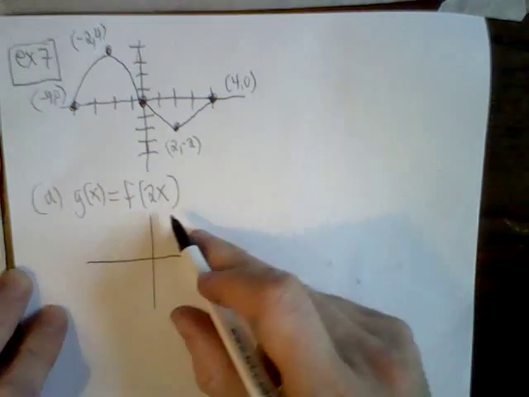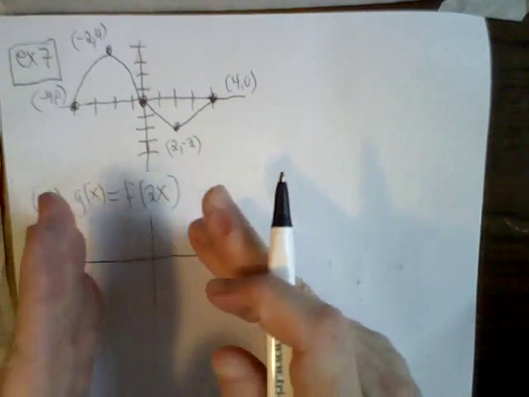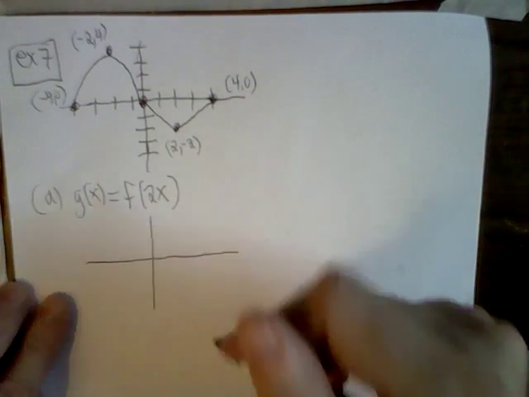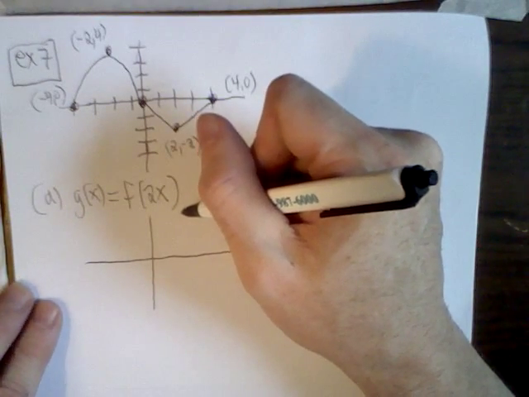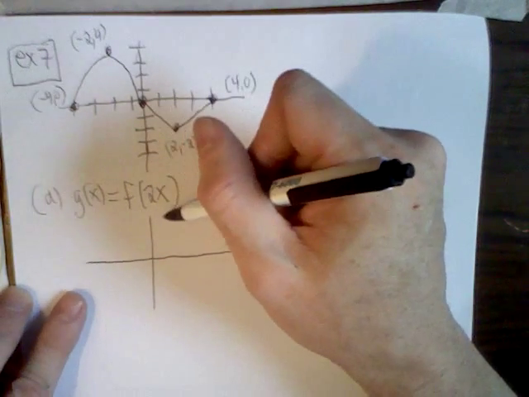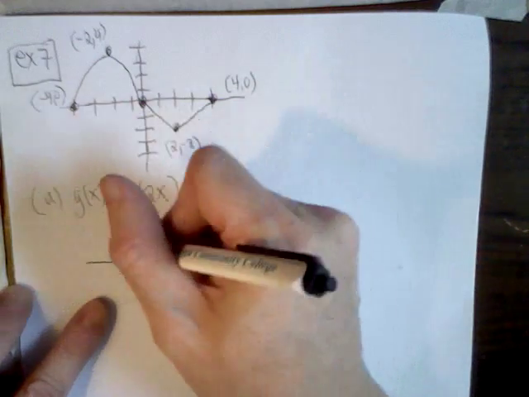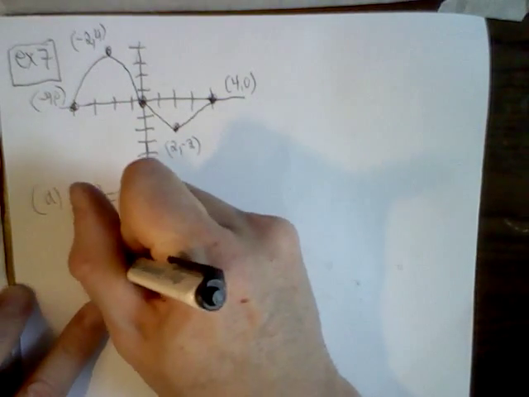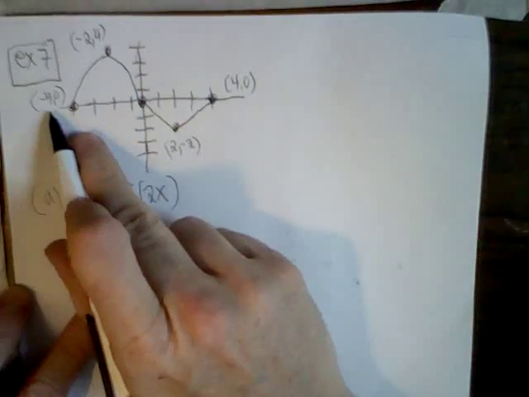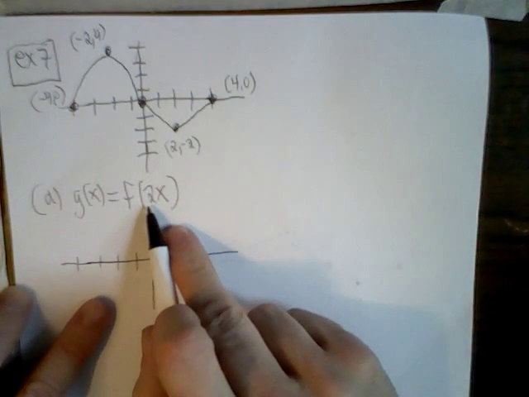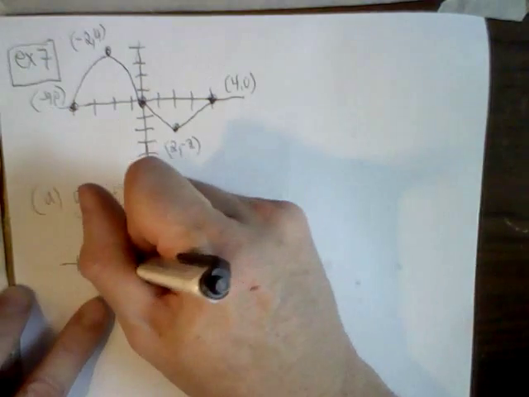So what is that going to do? That's going to smush it by a factor of 1/2. So you're basically manipulating the x coordinates in these cases, and so it'll go from negative 4, 0 to negative 2, 0.